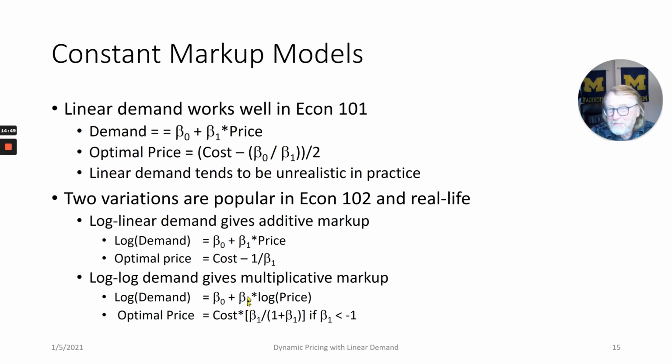That factor depends on the elasticity parameter. There's just one kind of fly in that ointment: we need beta 1 to be less than -1. Okay. If beta sub 1 is, let's say, -0.5, then you get a negative price, which doesn't work too well whatsoever.